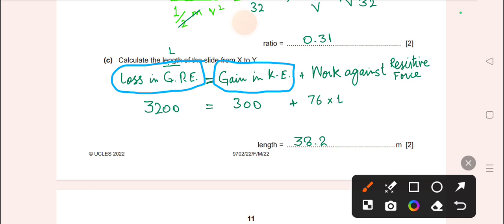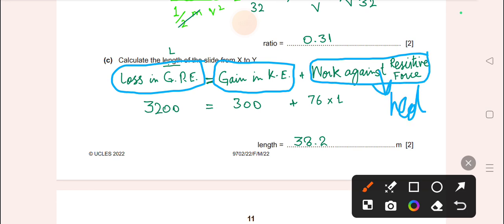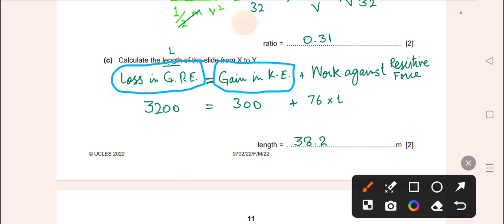But if there is resistive force, one thing we add, on the gain side, whether the object is falling or rising, which type of energy is gaining, increasing. On that side there will be work done against resistive force, that is equal to the heat produced, right? So work done against resistive force will be added.